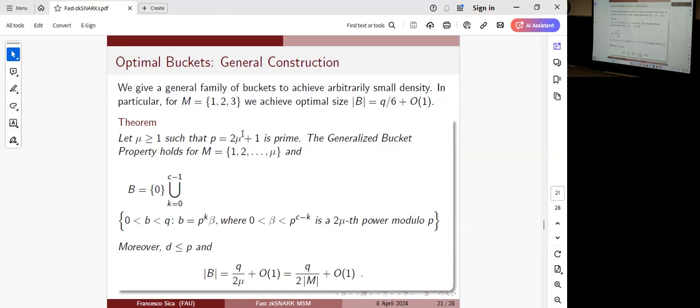So when mu is 3 here, this is a 6th power modulo P. These buckets are basically 6th powers times powers of P. And then you have that the bucket size is exactly Q over 6 in this case, when M is 3. So it's exactly the optimal bound that we have, that Wolfgang didn't manage to achieve with their buckets. Okay, so that's one thing.